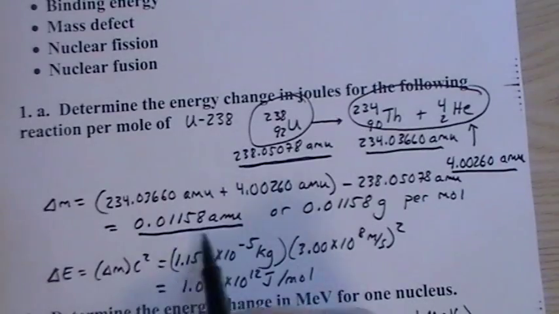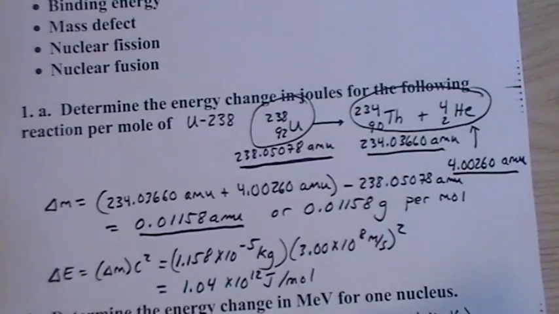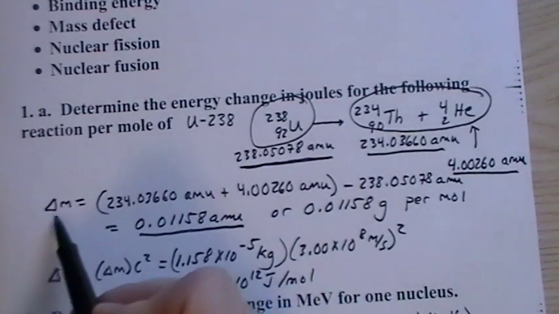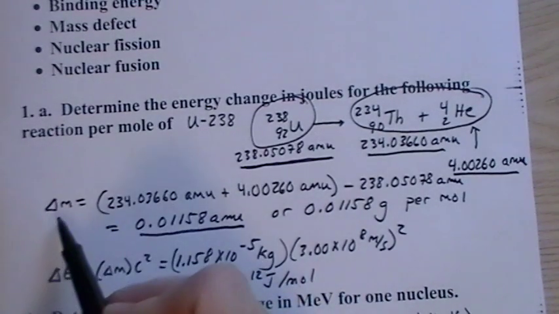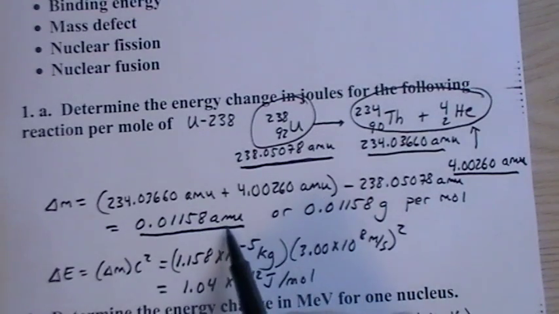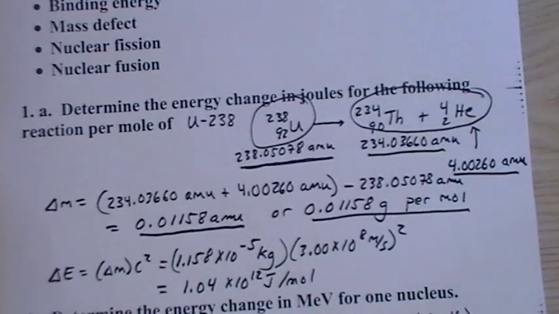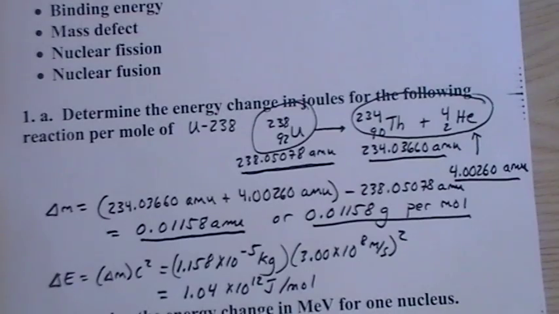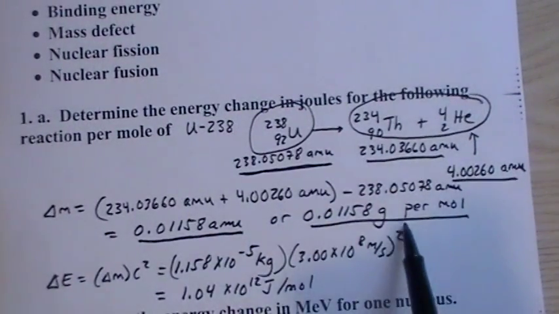That's just telling us how much mass is gone. So that's our change in mass. And this is AMU, so it's also grams per mole. I just deal with AMUs and then change over to grams per mole.